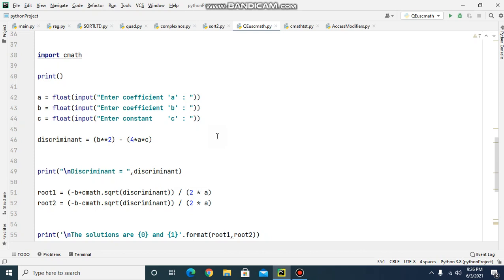And then after that, for finding the roots, we have imported the CMath module, that is complex math module, and used its CMath square root method to find the square root of the discriminant for arriving at the solutions of the quadratic equation. So that's all for this video now.